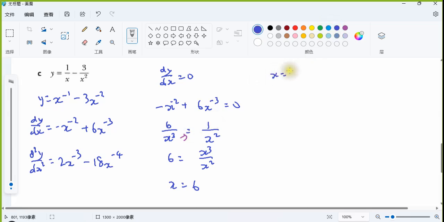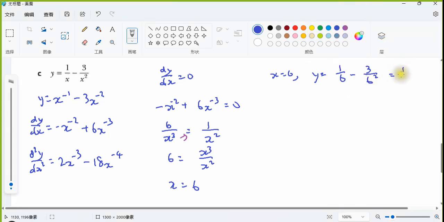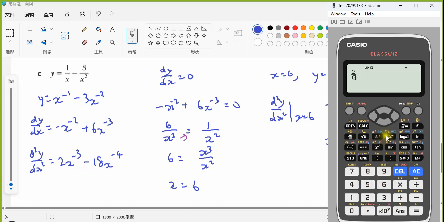So when x equal to 6, y equal to 1 over 6 minus 3 over 6 squared. Then it's 1 over 12. And the second derivative when x equal to 6 is 2 over 6 cubed minus 18 over 6 to the power 4.